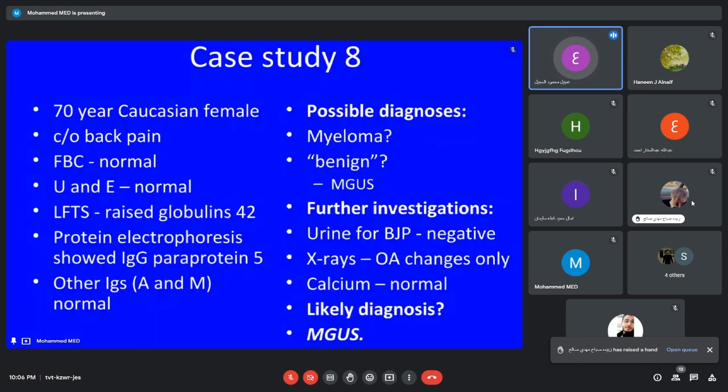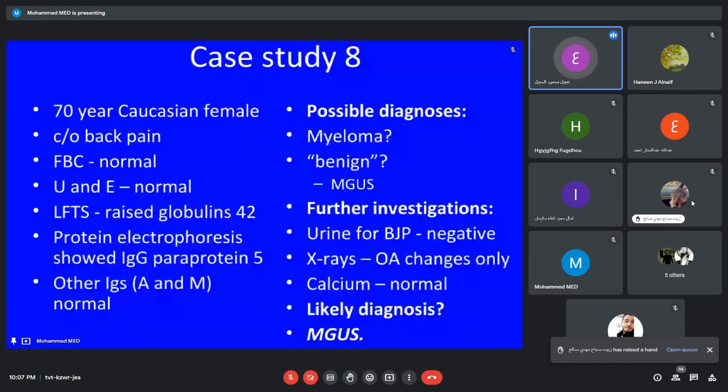MGUS is monoclonal gammopathy of undetermined significance. Okay, this is a benign condition. Usually you find on protein electrophoresis, we'll show some slides, that there is an increase in one of the components, but the others are normal.